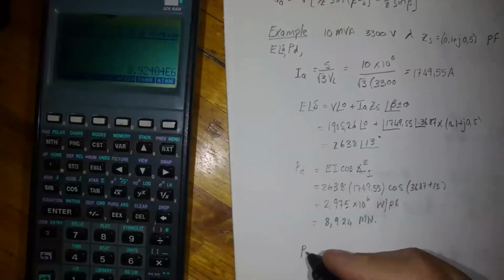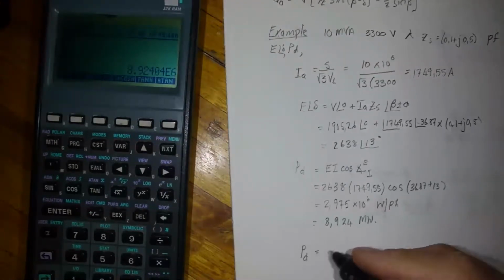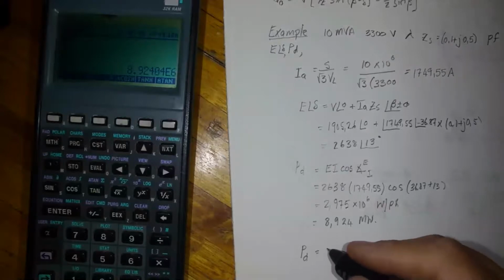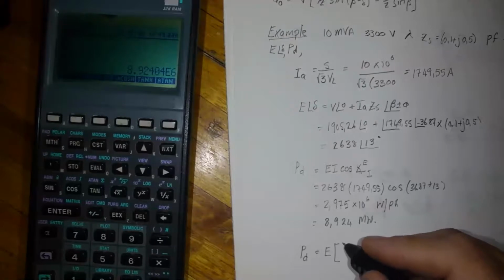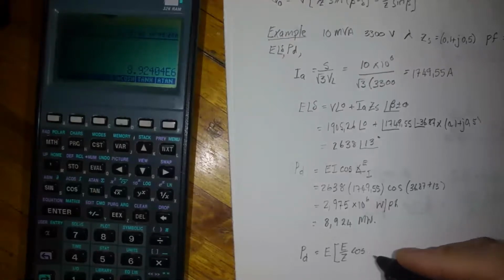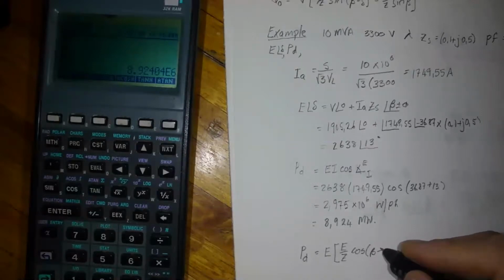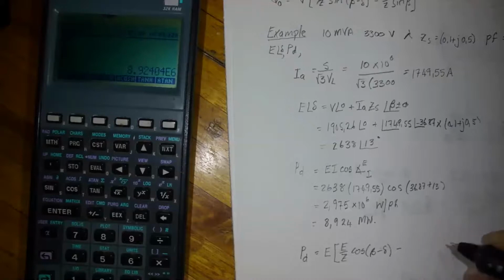Now if we use our long formula, then we can say that it is E into E over Z cos of beta minus delta, minus V over Z cos beta.